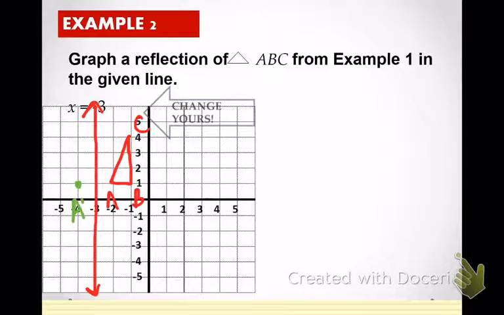It'd be -5, 4. Good. She counted over 2 from the line. What about the last point, B? Where would it be? Trent? -5, 1. There's your image. All right. Everybody got it? Okay.